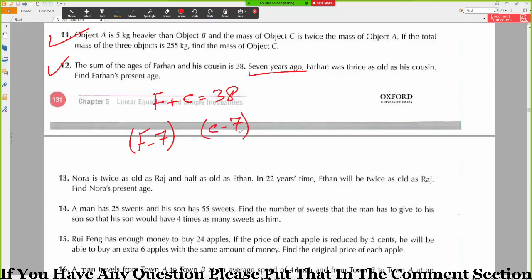So 7 years ago Farhan was thrice as old as his cousin. So it means 7 years ago Farhan's age was thrice as old as his cousin.